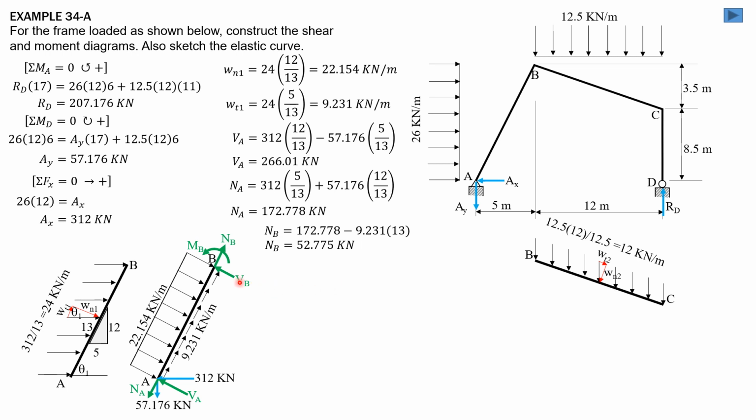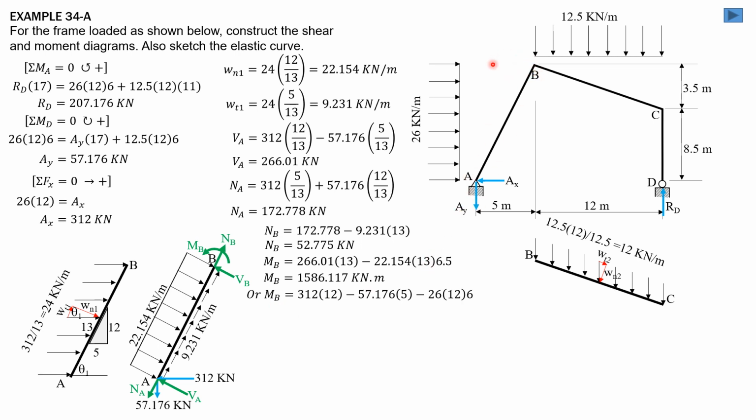While V sub B is VA minus 22.154 times 13, and MB is VA, which is 266.01 times 13, minus 22.154 times 13 times 6.5. It's just like summation of moment about B to solve for MB. And therefore MB is 1586.117 kilonewton meter.